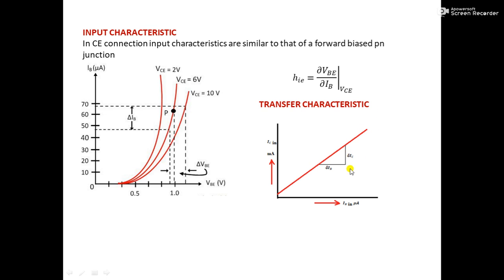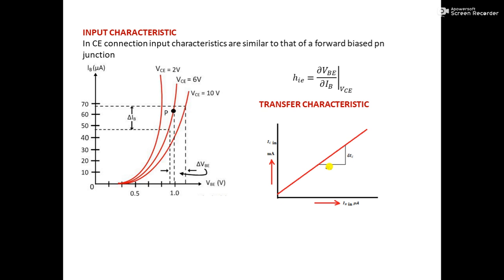Here VCE is kept constant. Since IC is nearly independent of VCE, it is not necessary to repeat this characteristic for various values of VCE. The transfer characteristic is nearly linear.